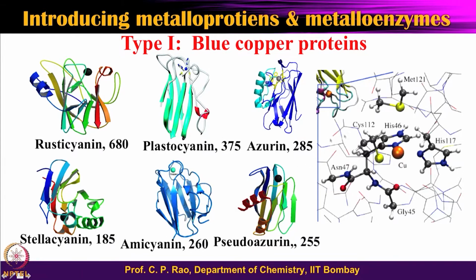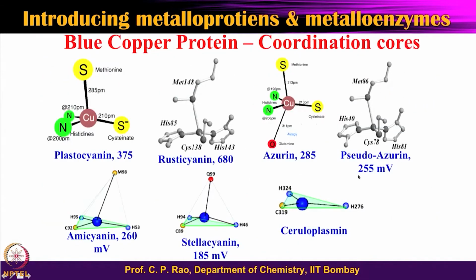One example you can see here: this is your copper, this is your S-methyl, this is your cysteine, this is one of the histidines, and this is the other histidine. So, 2 histidines, 1 methionine, 1 cysteine, and the remaining protein you can see here. Very nicely you can see the blue protein here. If you look closely at these, you can see the coordination sphere very nicely.